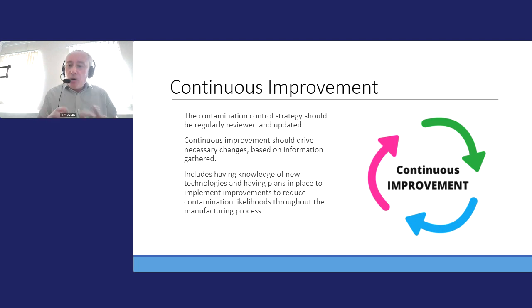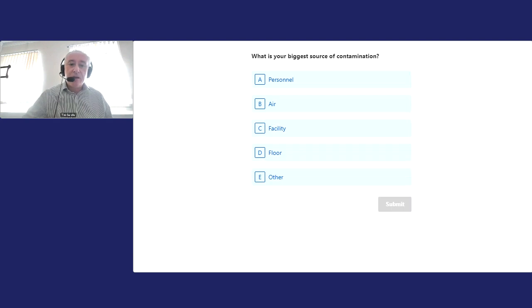Okay, so that's kind of a way of introduction, trying to put the contamination control strategy into context. But before we do that, I was going to move on to my 9 areas, but let's just have another poll question. So if you have a look at the question on the screen, this is asking what are our biggest sources of contamination?